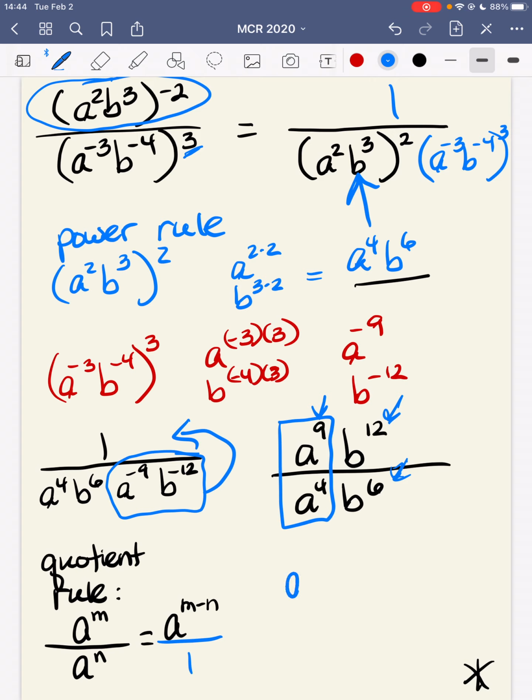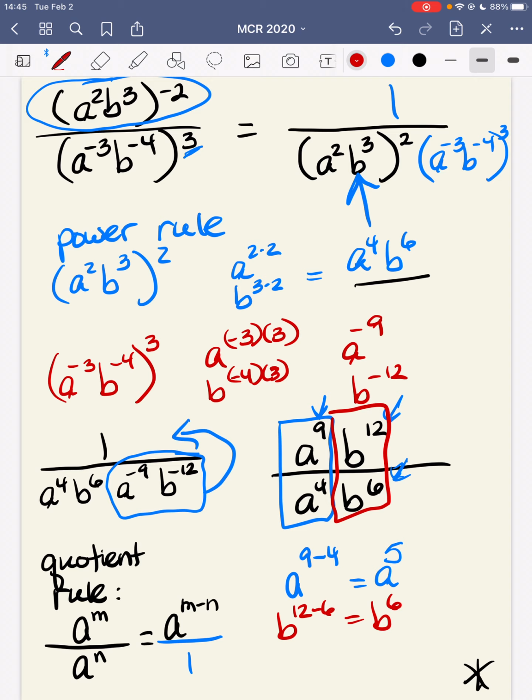I have a to the 9 minus 4, which would give me a to the 5th. I also have b's. So I have b to the 12 minus 6, which is b to the 6th.